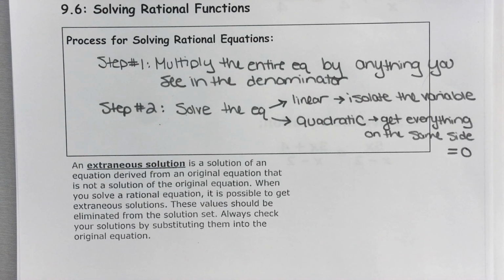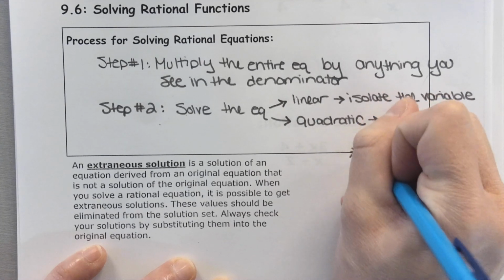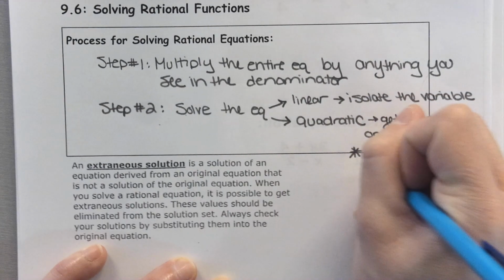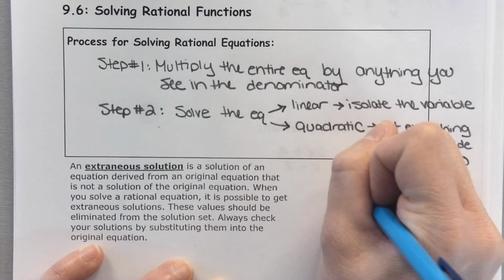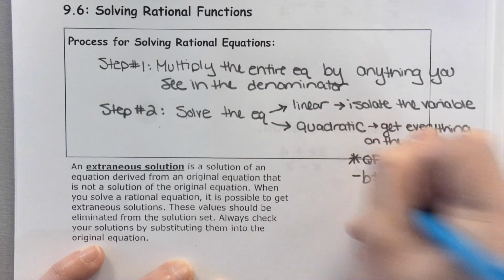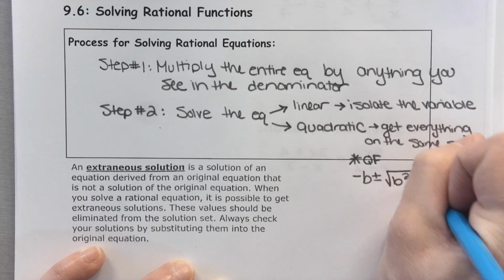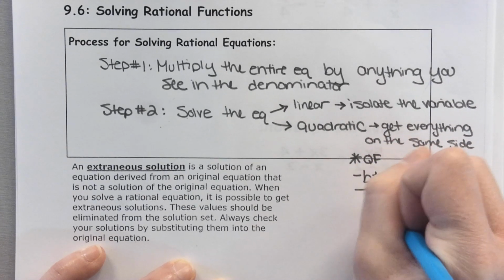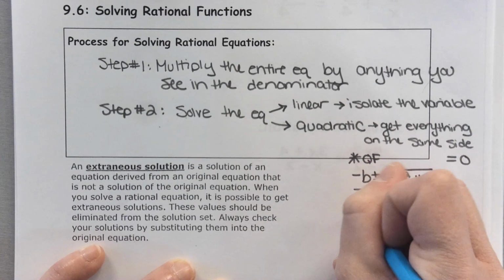What's a choice? Quadratic formula is a choice. So from here, I could use the quadratic formula. I'm going to call it QF for short. And remember, opposite of b, plus minus, square root, b squared minus 4ac all over 2a. Could we also factor and solve? Yeah.